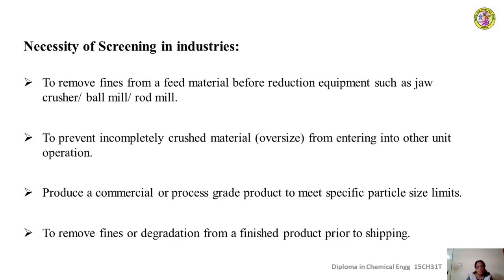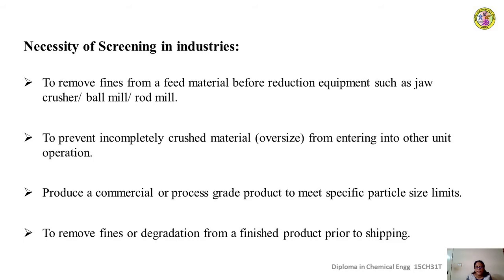Okay, what are the objectives of screening in industries? There are various necessities which require screening operations in industries. The first requirement is to remove the fines from the feed material before the reduction equipment such as a jaw crusher, ball mill or rod mill.